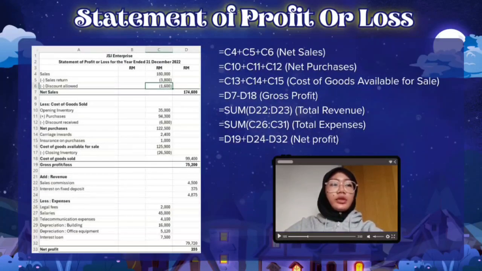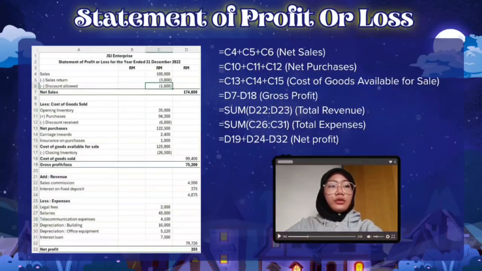The business also earned other revenues, which includes sales commission of 4,500 ringgit and interest on fixed deposit of 375 ringgit, giving a total of 4,875 ringgit.